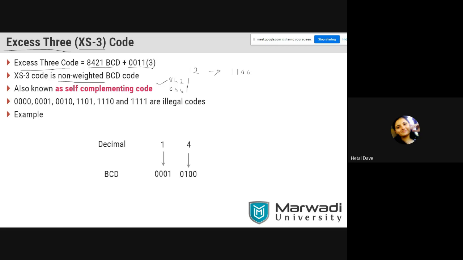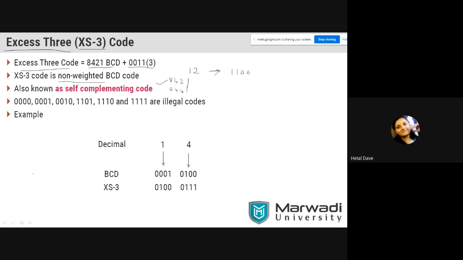What is the 4 bit pattern? 1 plus 3 means 4, 0100. That's why these bit patterns are written here. For XS3, 1 will be represented by 0100, and 4 will be represented by 0111.